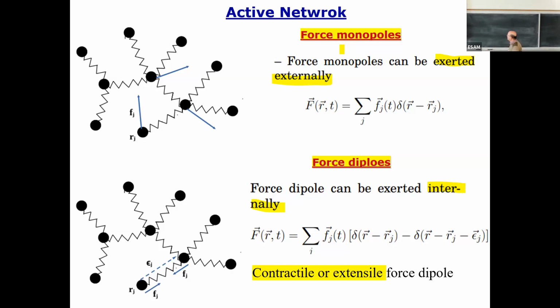You get a contribution every time you see a certain force. And here it's a sum over pairs. So every time I have a force here, I have another force here. These are contractile force dipoles, and they can be extensile, whether it's outward. Extensile and contractile. That's why now it's with a minus sign, because it's the opposite direction.